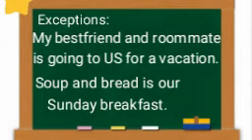In the first example, best friend and roommate refer to the same person. That's why it takes a singular verb. In the second example, soup and bread is taken as singular. That's why we also take a singular verb.